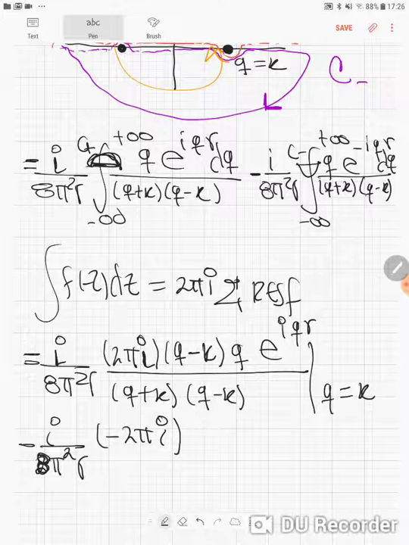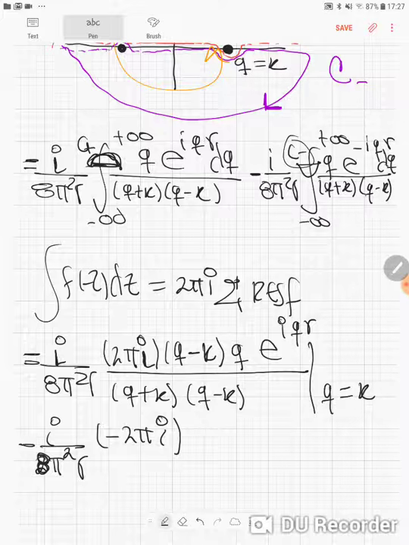Because the orientation of the contour C minus, which is the one that I have chosen to integrate over the second integral, goes in an opposite direction compared to the contour C plus. That's why this is minus 2 pi I and the other one is 2 pi I. So this is very clear. We take anti-clockwise as positive direction, and that's arbitrary. You can take whichever you like as positive direction as long as you keep the convention all the way through.